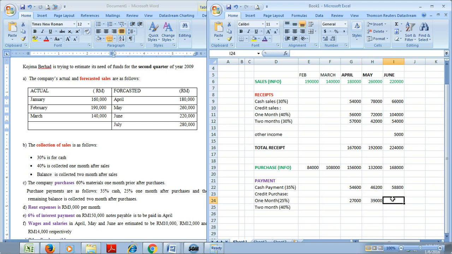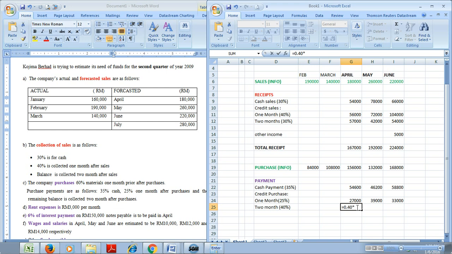How about this? 0.25 times what class? Correct, you take May purchase. When you're doing June, so you get the payment for 1 month. How about 2 months? The same step as I said to you, but the balance is what? 0.40.